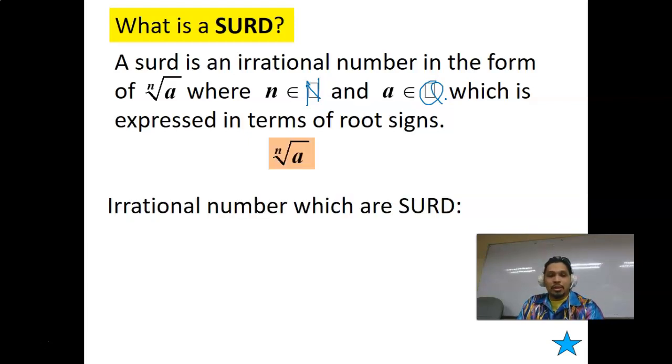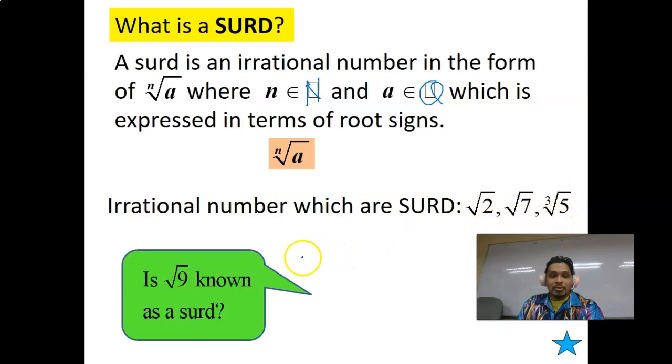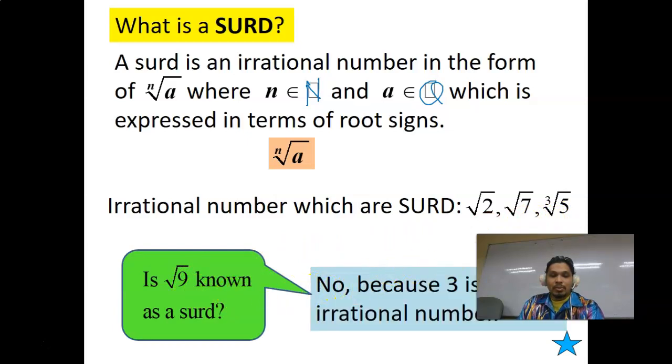Irrational numbers which are surds: square root of 2, square root of 7, and cube root of 5. So is square root of 9 known as a surd? No, because 3 is not an irrational number.